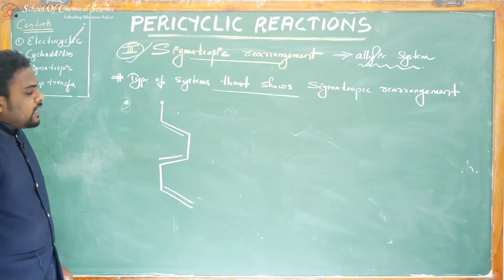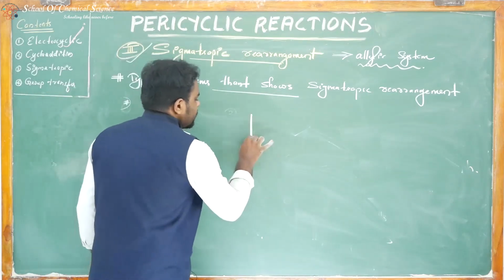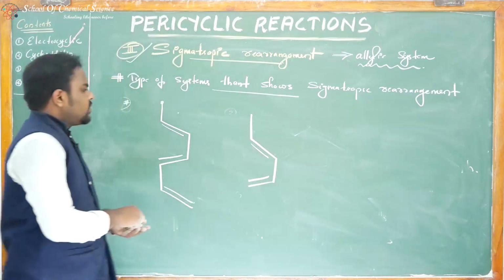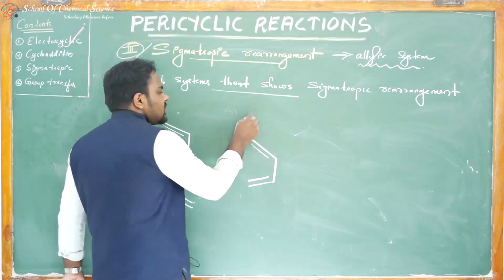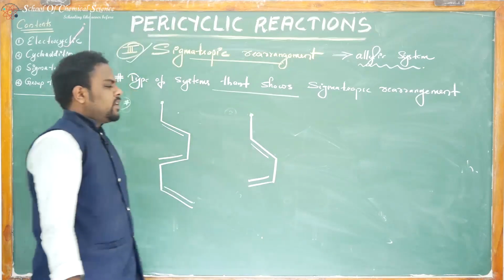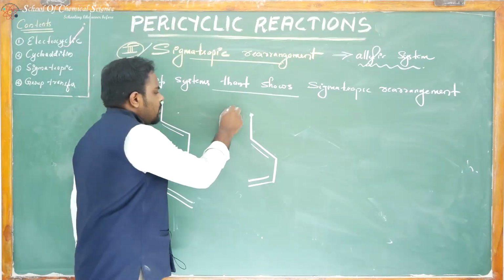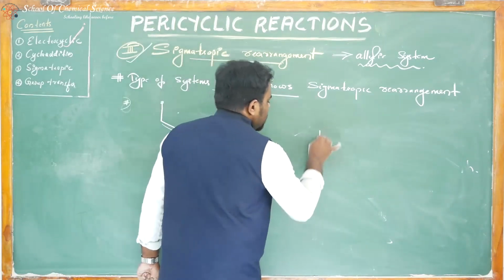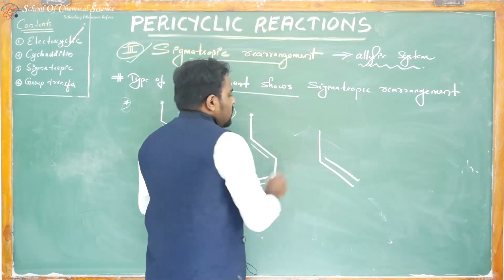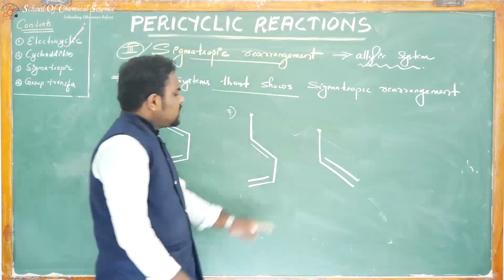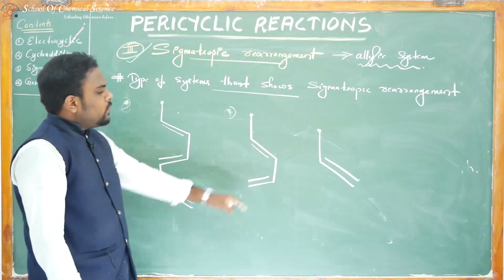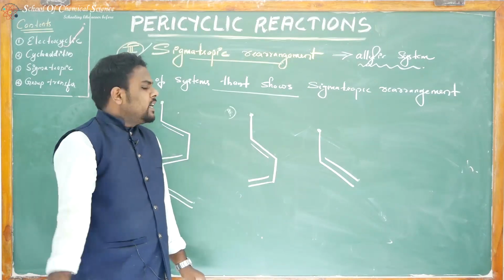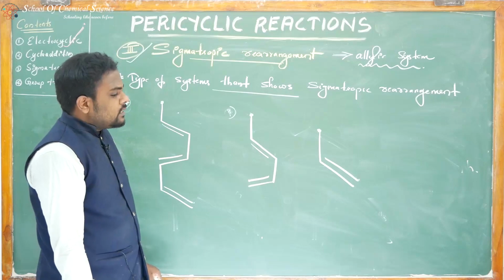Then another example. Here also an allylic carbon is present. This carbon is an allylic carbon that is connected to a carbon-carbon double bond. So this will also show sigmatropic rearrangement. Then another one. This carbon is an allylic carbon. So this system also shows sigmatropic rearrangement. Wherever an allylic carbon is there, definitely sigmatropic rearrangement is shown by that system.